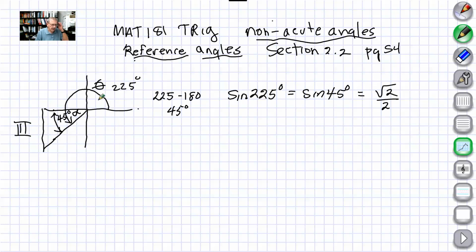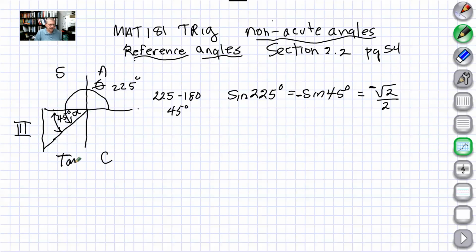And we know that all students take calculus. In the third quadrant, only the tangent is positive. So the sine of 225 equals negative sine 45, which equals negative radical 2 over 2, because in this quadrant the sine is negative.